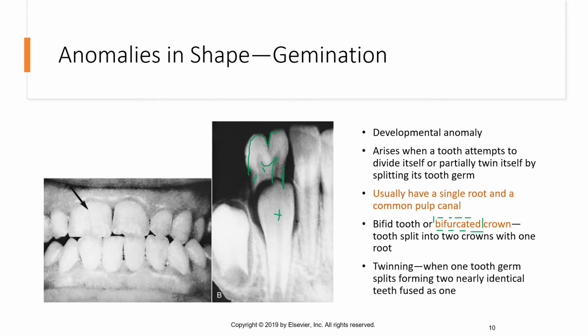All right, so a little bit different than gemination, where it's one root and a common pulp canal, but two crowns. Okay, then we have twinning, which is where it has its own pulp chambers, its own pulp canals, but the roots are basically together at the cementum and the enamel. Okay.